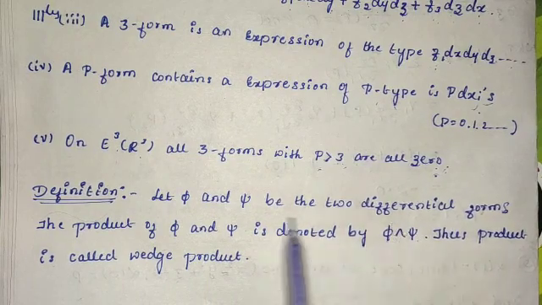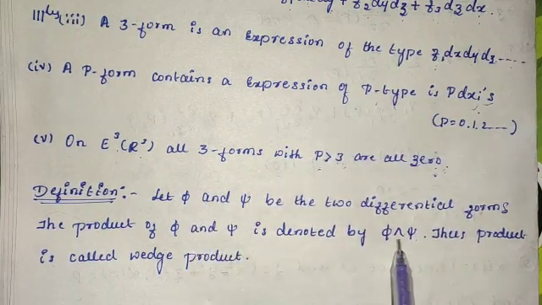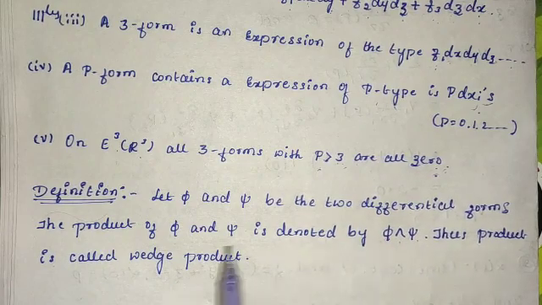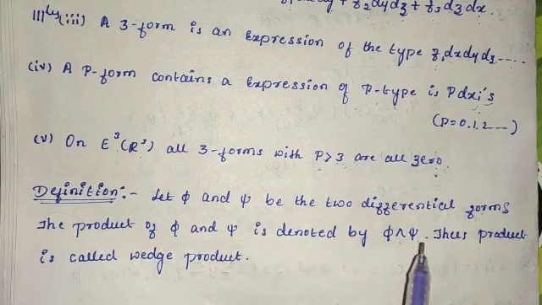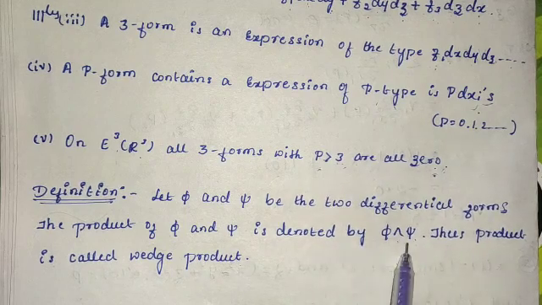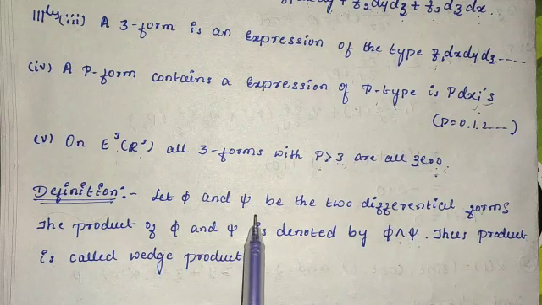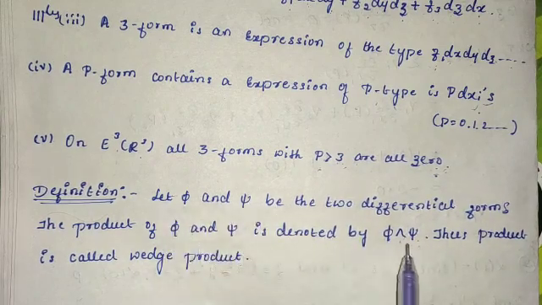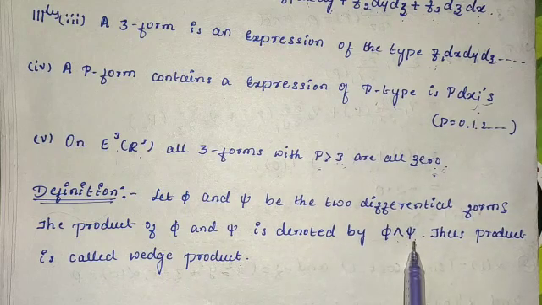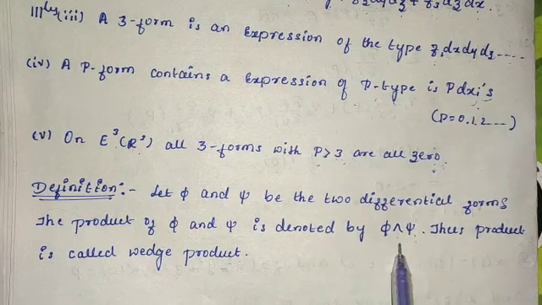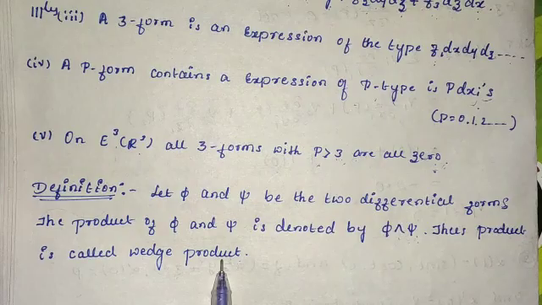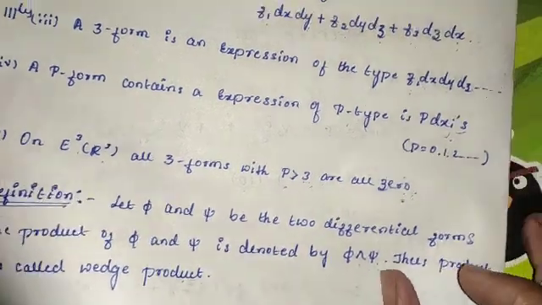This is the product of two differential forms, and this product is called the wedge product. Just remember this one. Next we move on to the example of this wedge product.